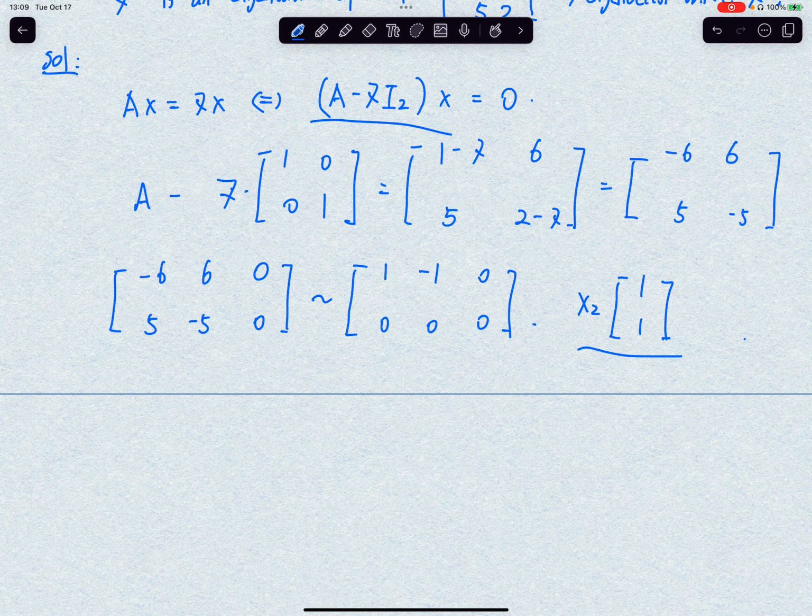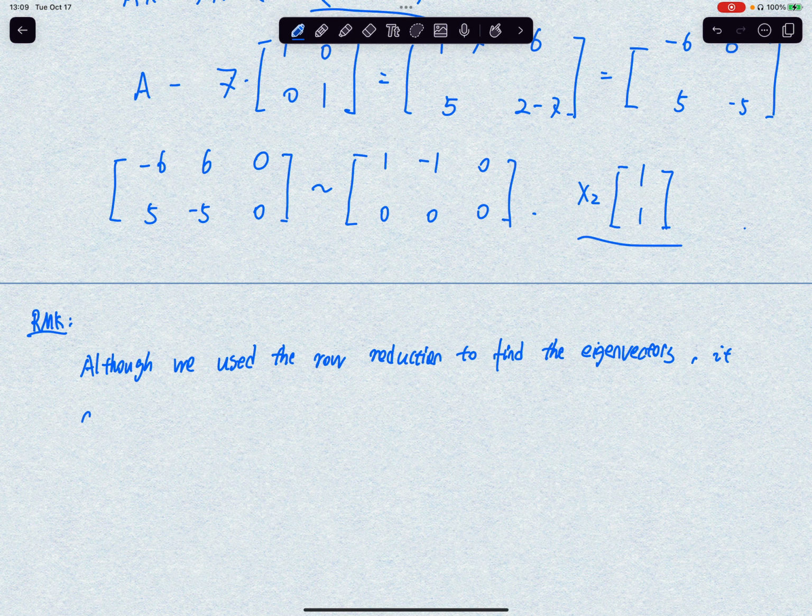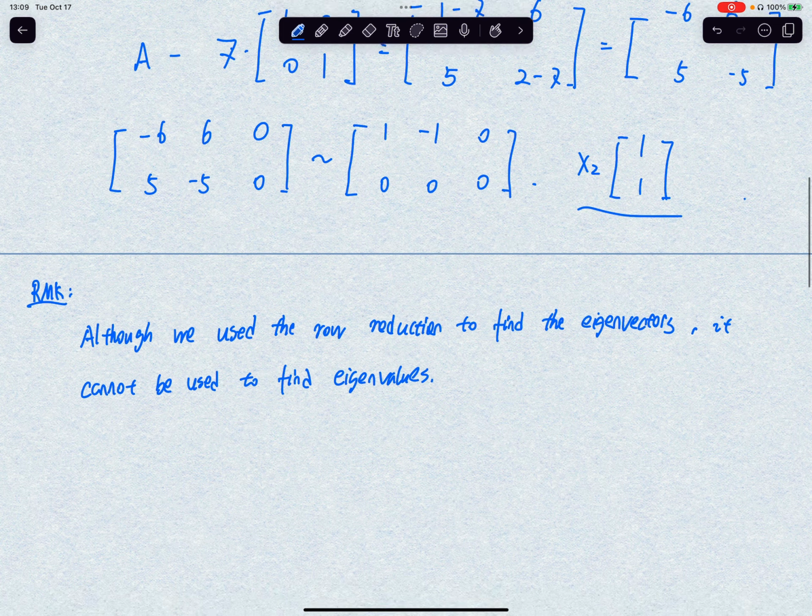And it is important to note that although we used row reduction to find the eigenvectors, it cannot be used to find the eigenvalues, since row operations may change the eigenvalues.